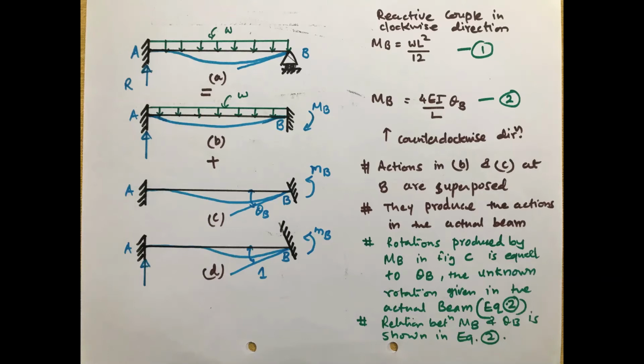Removing means a 0 value, it does not exist. That is possible only when, instead of this roller support which initially rotates, I introduce the fixed support which prevents the rotation. So this second diagram shows a kinematically determinate structure.